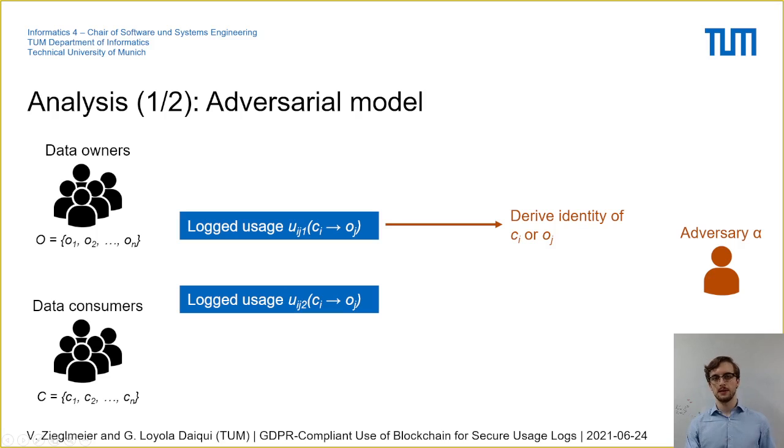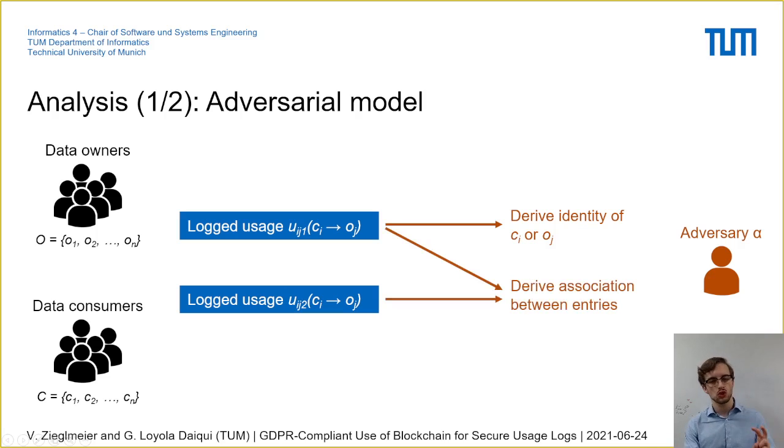Now secondly, from two logged usages, the adversary alpha tries to derive the association between these entries. So trying to derive that they are actually belonging to the same owner or the same consumer. Now this does not necessarily mean that they know the identity of the person, but already they know too much, right? They know two different entries, maybe they can start playing, they reduce the necessary effort to derive the identity in the long run. So this should also not happen.